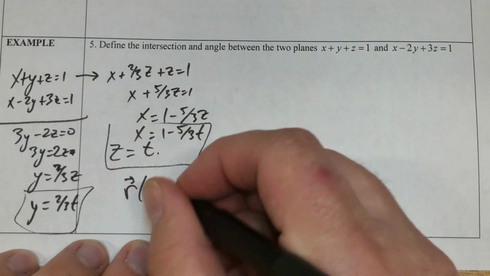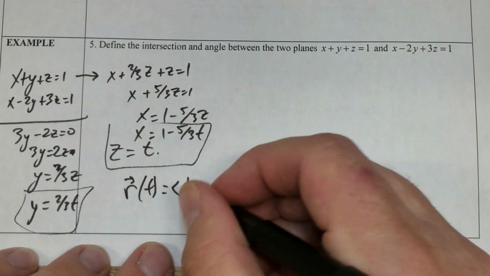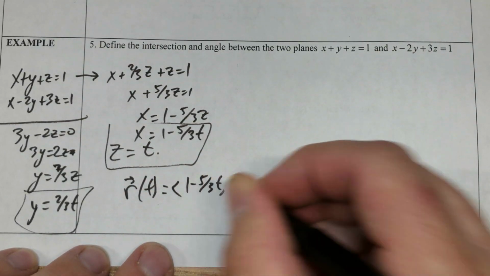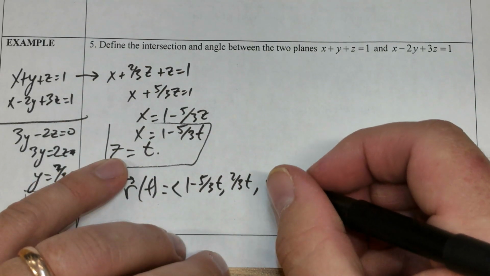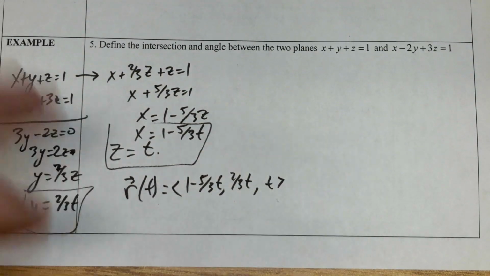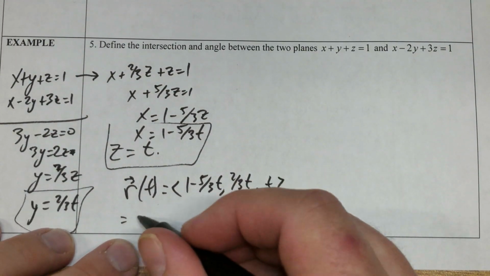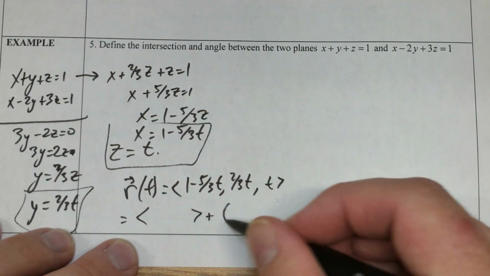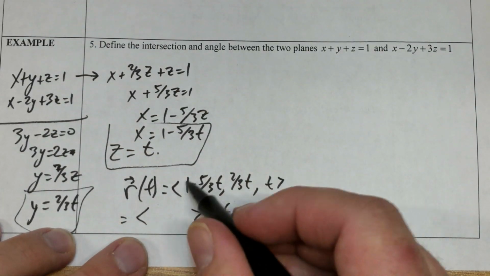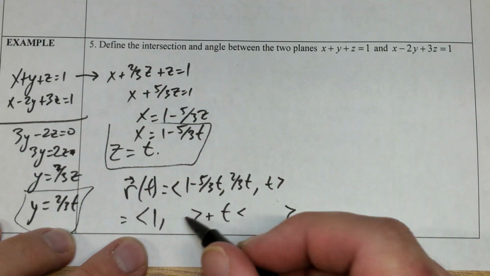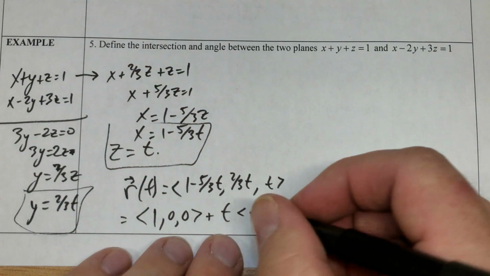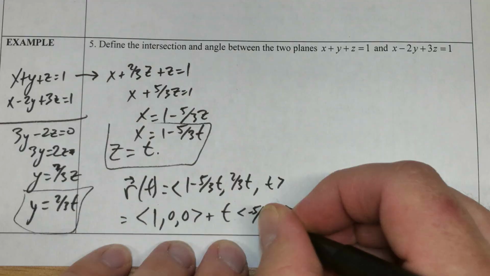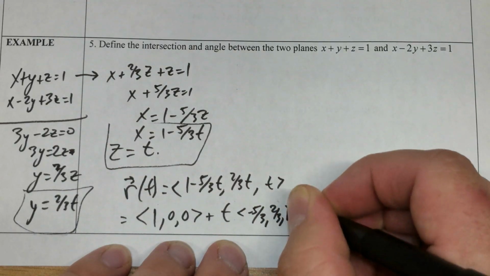In this case, my x is 1 minus 5/3 t, my y is 2/3 t, my z is just t. If you wanted to look at it in terms of that coordinate plus change vector, I'd have 1 for my x, 0 for my y, and 0 for my z. But my t values would be negative 5/3, 2/3, and 1.